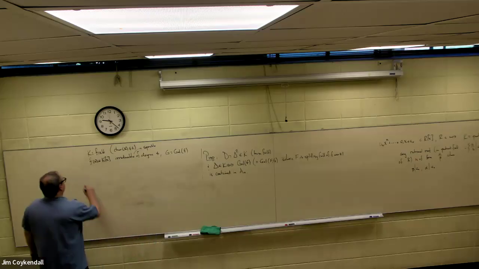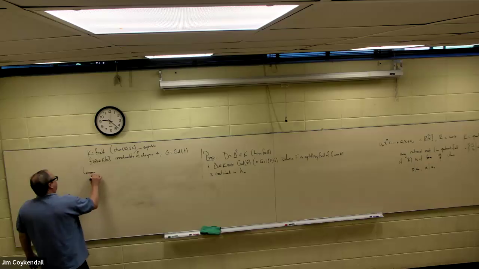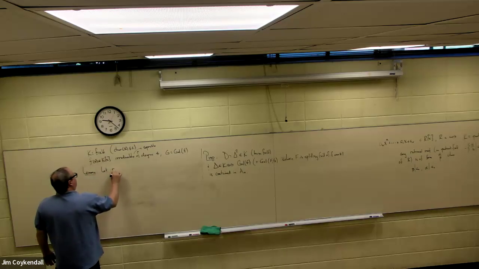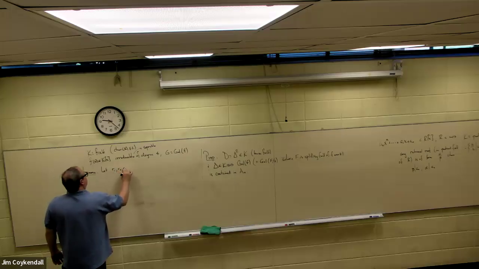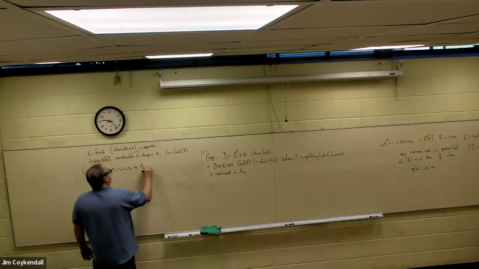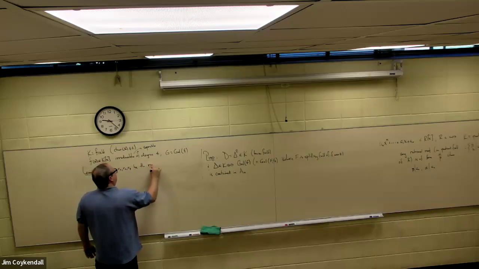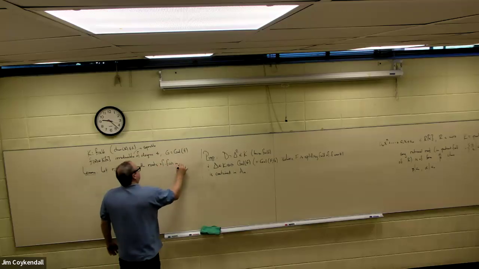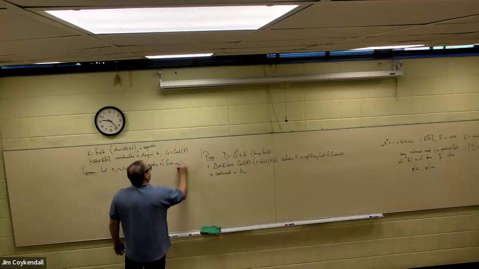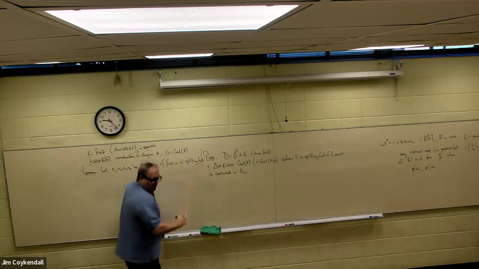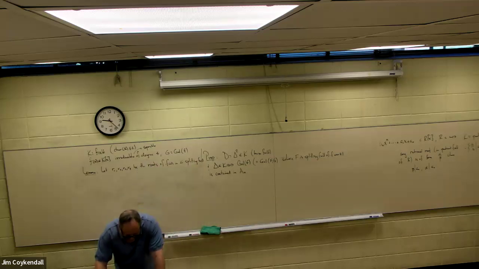Lemma. Let R1, R2, R3, R4 be the roots, and of course they're all distinct, of f of x in a splitting field. And I'm going to define these little gadgets here.